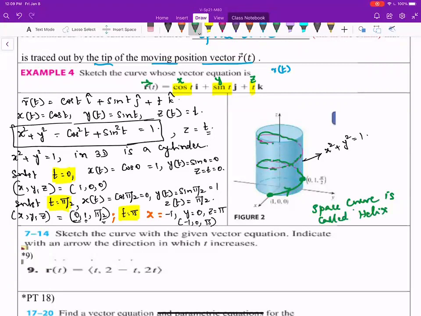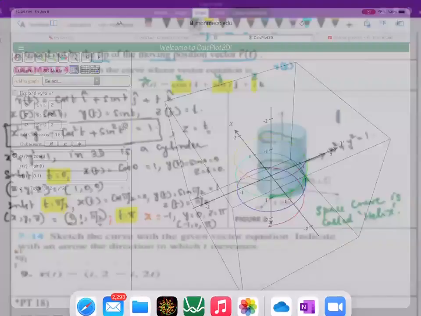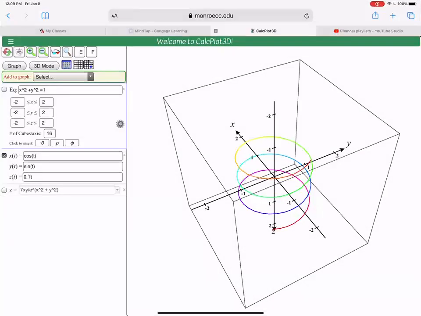You can also imagine it as something like an ant crawling on a Coca-Cola can, or something like that. On a cylinder, an ant is crawling. You can imagine it like that. So let's see an animation for this. You notice here you have the spiral.